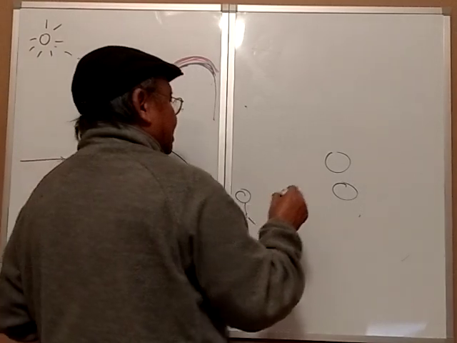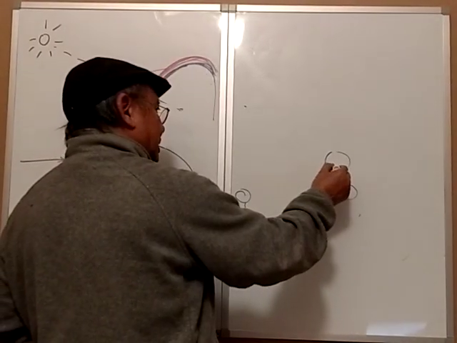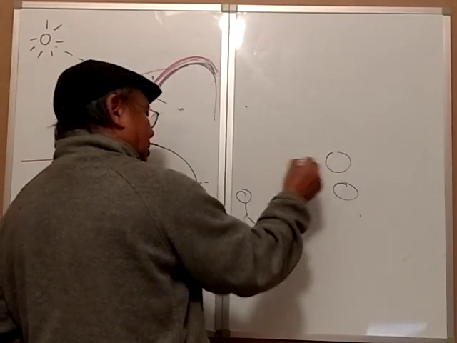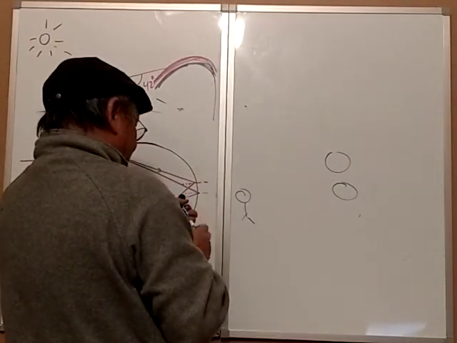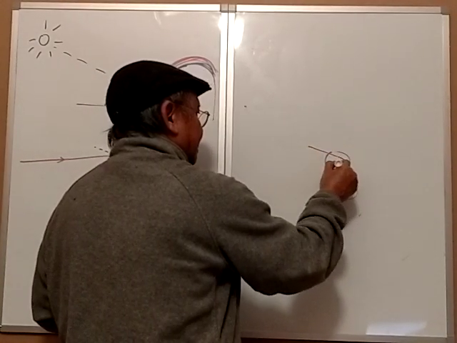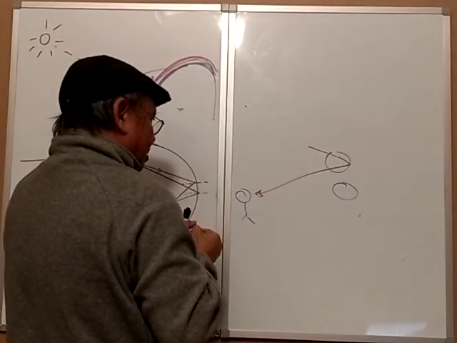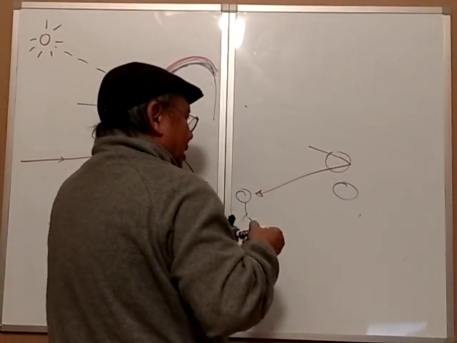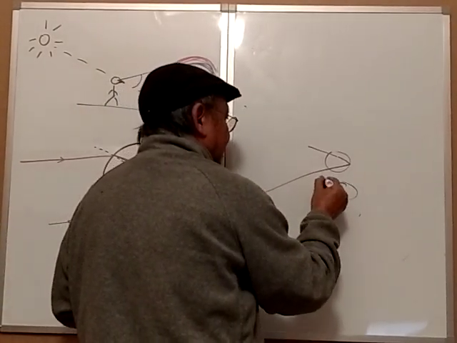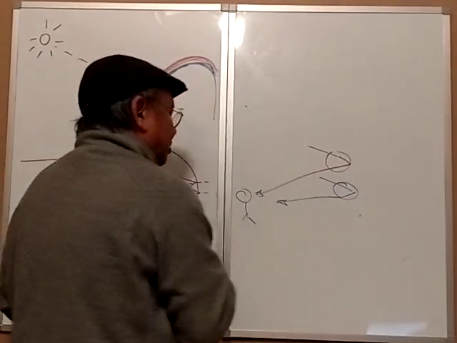So the red one that is going, I'm going to draw the red one here, the red one that goes through like this is coming to you, and the blue one is coming to you.